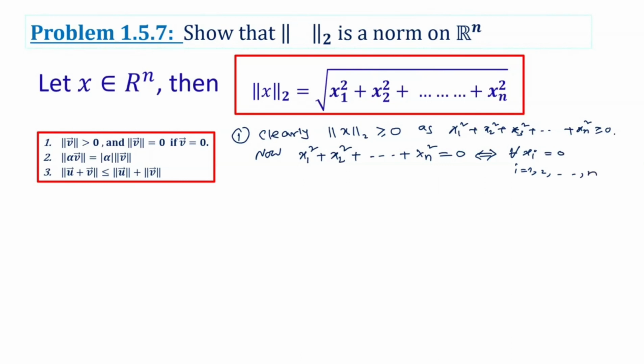So if all xi are 0, that means the norm of x is equal to 0 if and only if x is equal to 0.